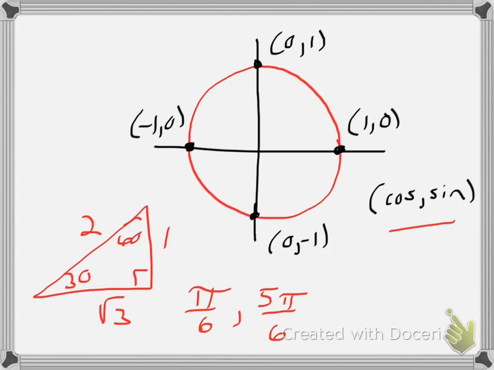So, looking around the circle, if each of these is cosine, sine, I want to find the one where I have sine is equal to a positive 1, and that's going to be up here. This is 90 degrees, or in this case, pi over 2. So that's how I found the angle measure for sine equals 1.